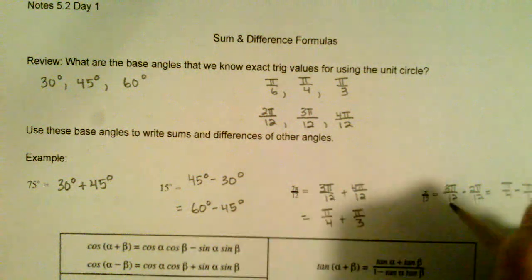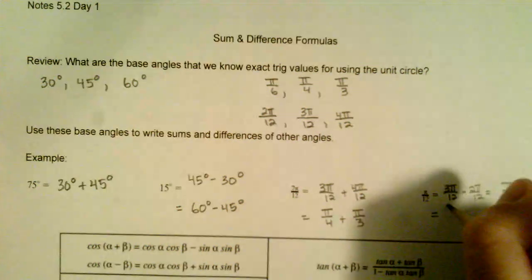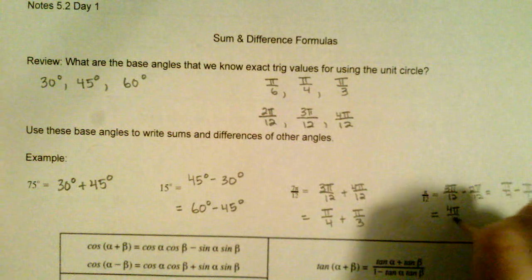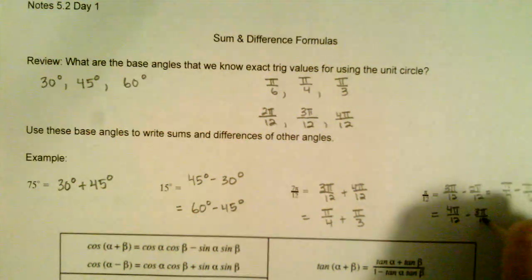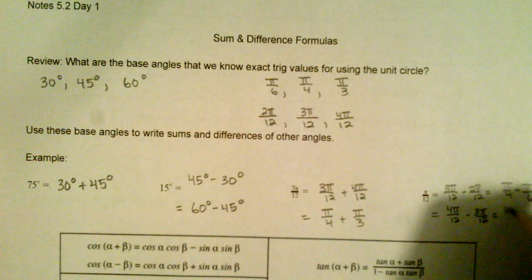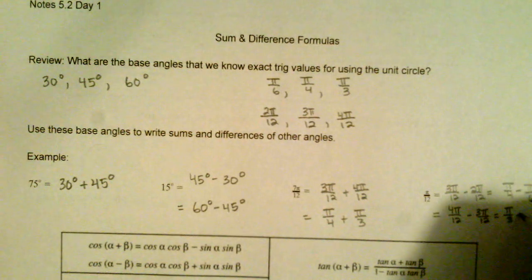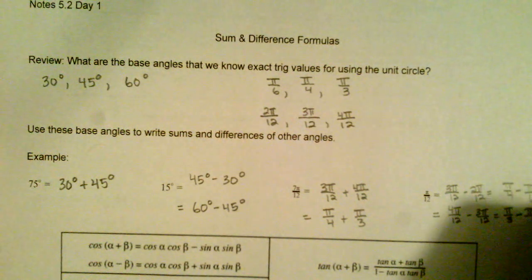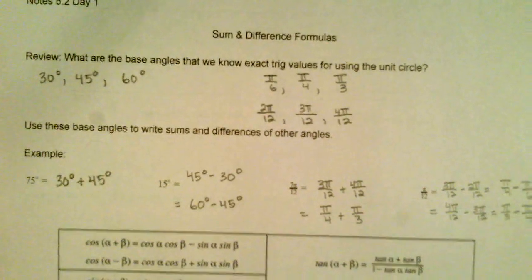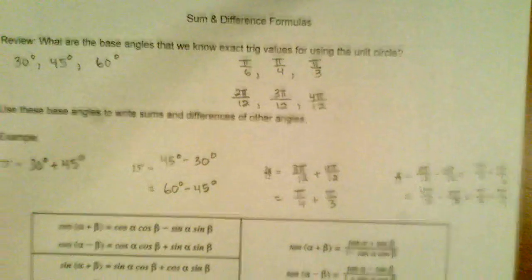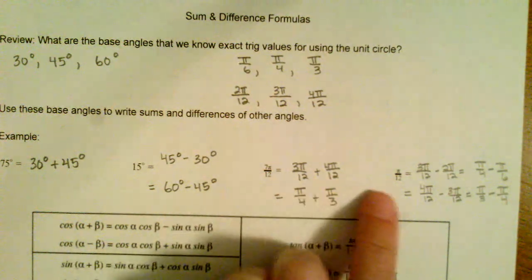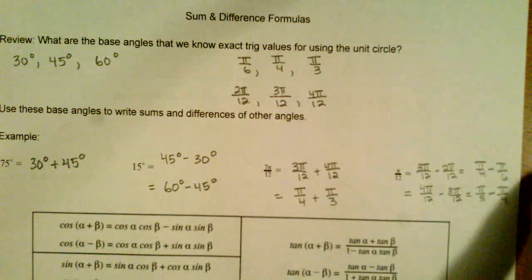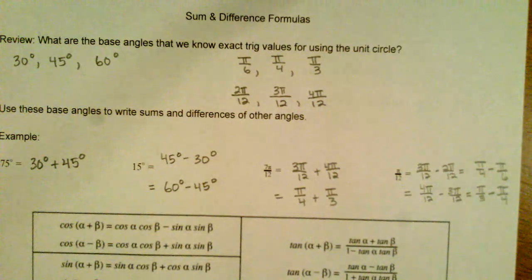Or similarly, we could do 4 pi over 12 minus 3 pi over 12, which is pi over 3 minus pi over 4. Sorry if that's hard to see that one. Okay, so again, you are just rewriting your fraction in terms of a sum or a difference.